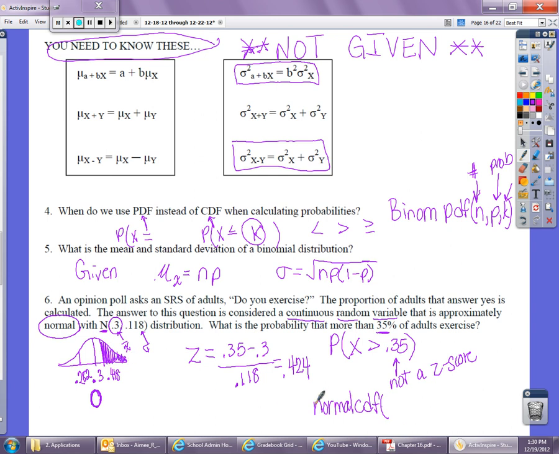So my interval starts at my z-score of 0.424 and then goes up to infinity, or just a really large number, 99, 1,000, whatever you want to use. And when you put that into your calculator, you will get the probability is equal to 0.336. Again, don't forget to look and see what you're rounding to. If it says 2, round to 2. Standard for these is usually 4, but anywhere between 2 and 4 is acceptable if it's not stated.